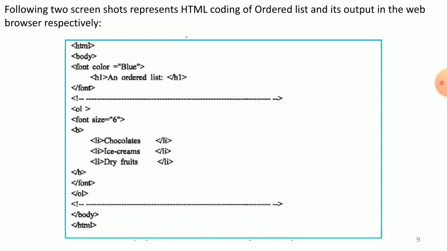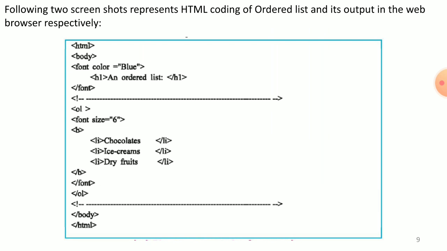That is an example of an ordered list. HTML and /HTML, body, font color equals to blue, h1 ordered list /h1 over, /font over, and then comment line.